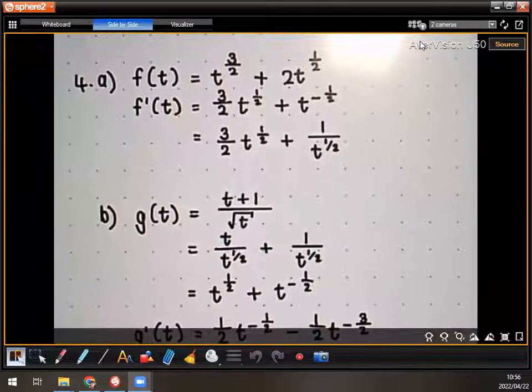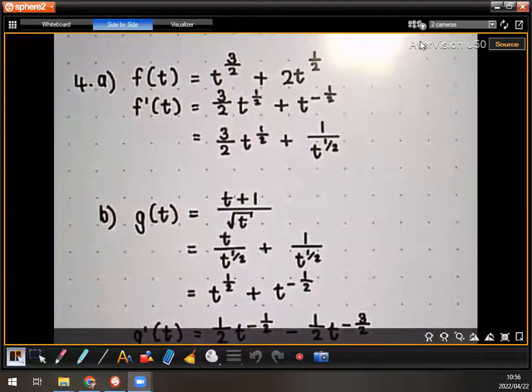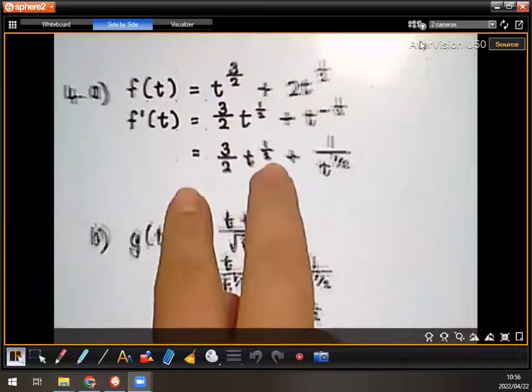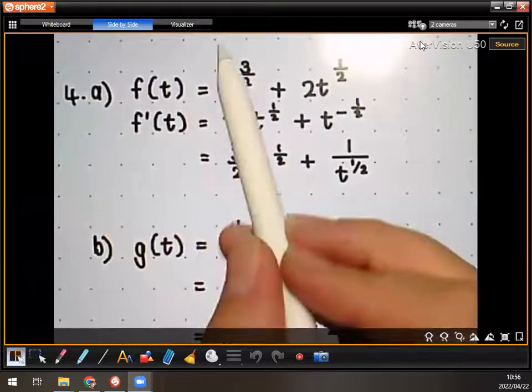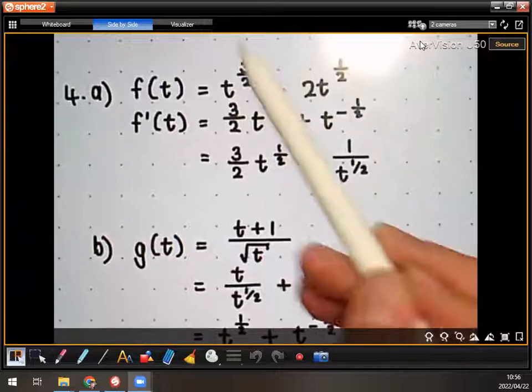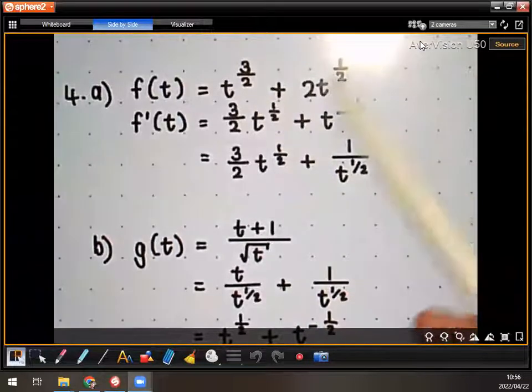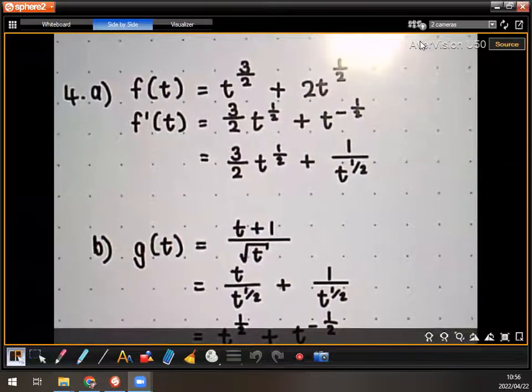So for 4a, there you go. And you guys can make out those fractions. So it was t to the 3 over 2, which is actually 1.5, right? That's 1.5, and then plus 2t to the half. So guys, both of your terms are written in the correct form, where it's a coefficient, a variable, and an exponent, so you can find the derivative straight away.